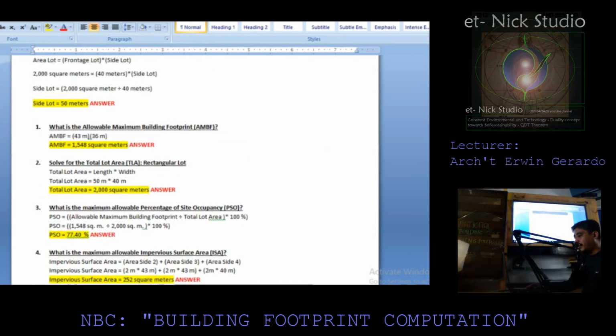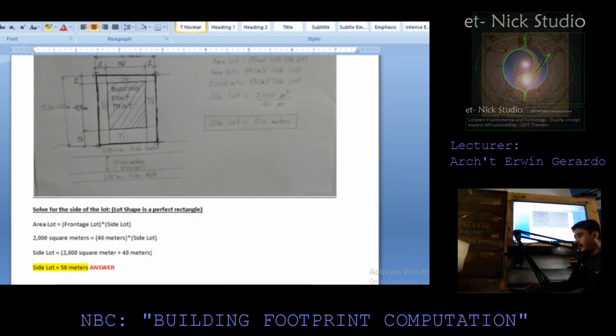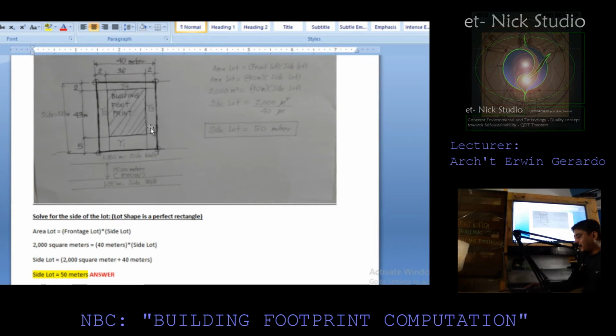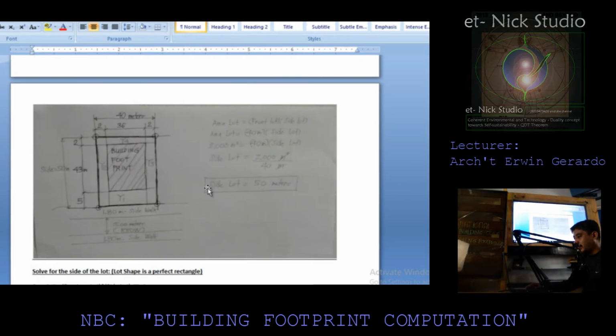Let us go over the figure where we took 43 meters. So meaning the 43 meters is found at its side. So that is already the dimension times 36 meters. So this is where we took 36 meters.